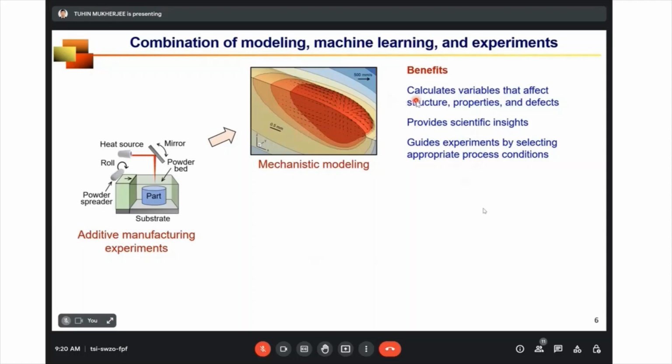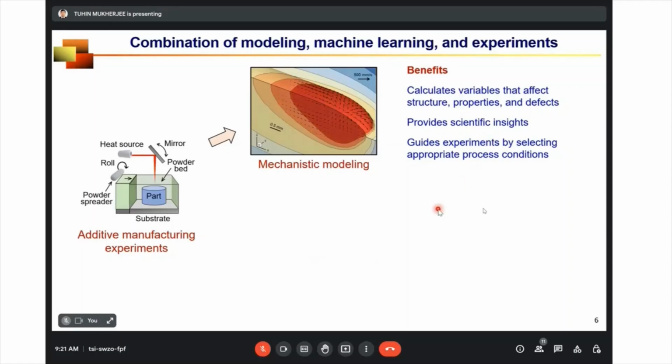The benefit is that it can give us the variables that affect the attributes of the product. Also, it provides scientific insight into the process itself and the evolution of structure and property. And most importantly, it can guide the experiment by selecting the appropriate process conditions to achieve the desired microstructure and properties and minimize defects.